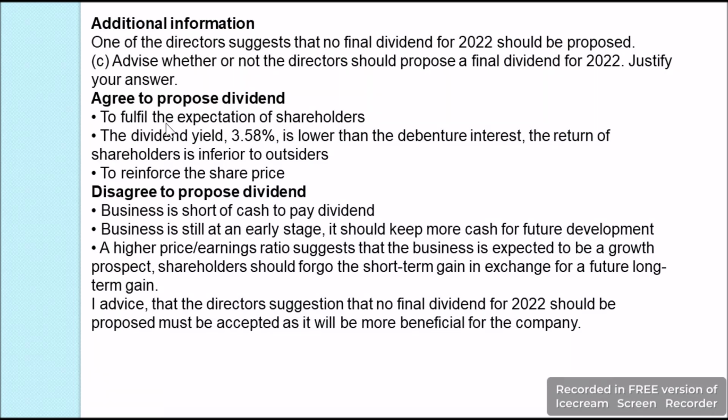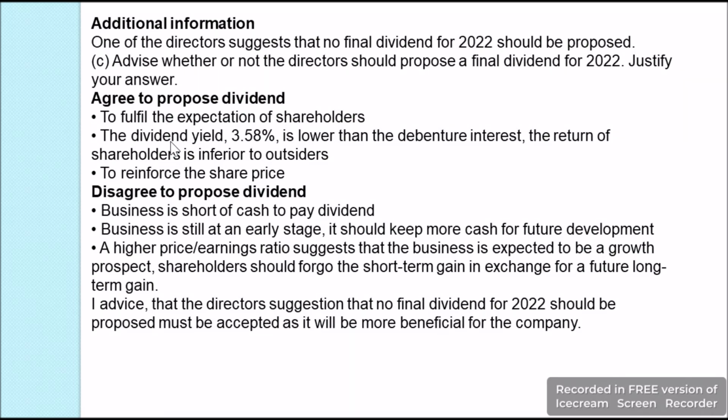Like the first one mentioned here, the interim dividend was quite low, which was just 12 cents, and the earning per share was just 18 cents, which was quite low. As it is quite low, the shareholders may be expecting more dividends, hence the dividend should be proposed at the end of the year.